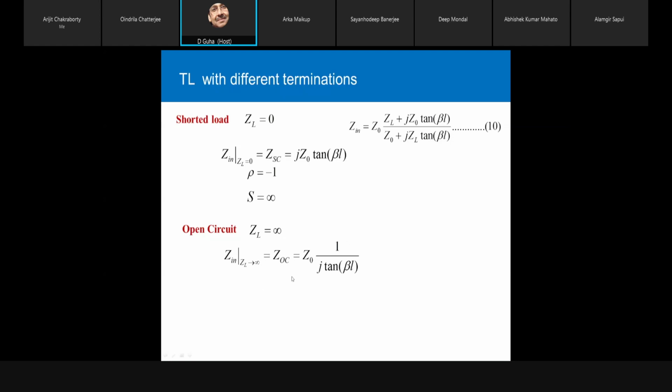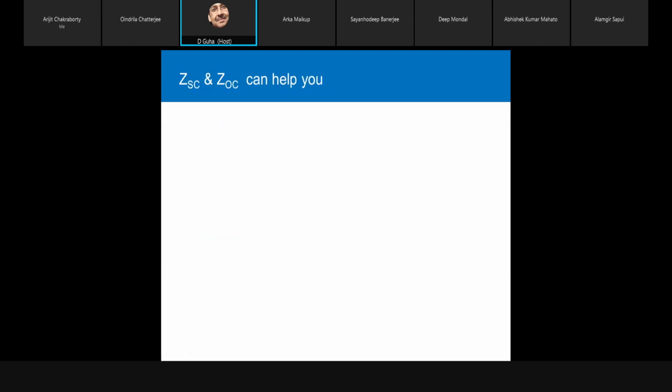So it is the input impedance under the condition of open circuit. And in that case, as a function of L, this is the expression of input impedance. Again, your reflection coefficient, we already did this exercise. It is 1 and standing wave ratio will be infinity. That means the two worst cases. But they're very important because they give us some opportunity to manipulate some interesting features.